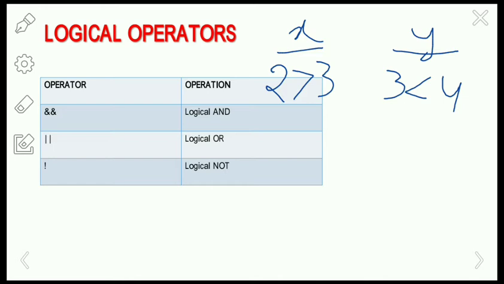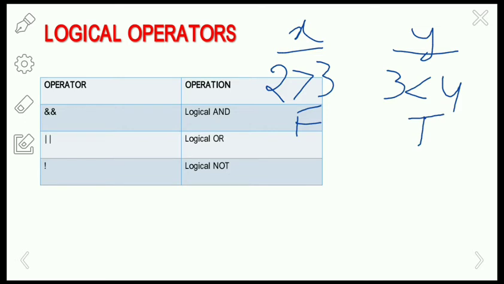For the logical operators we are going to compare the value of two variables. In the logical AND it returns the true value when both the conditions are true. So 2 is greater than 3, which is false, and 3 is less than 4, which is true.